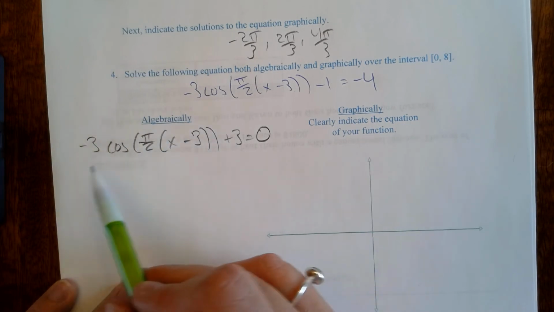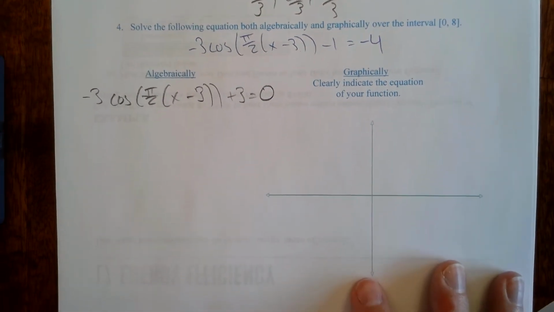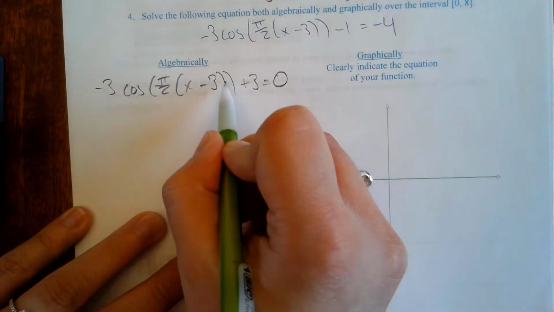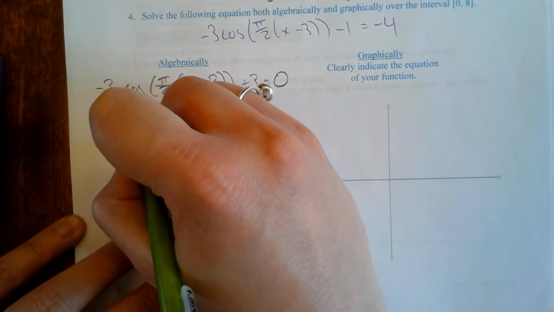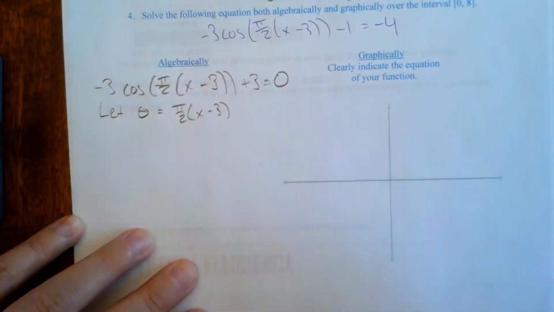So I'm going to simplify this question. I'm going to make the question actually easier for myself, because I like easy questions. I'm going to simplify it for myself, and then eventually I'll have to make it a little bit harder again. So what I'm going to do is simplify this business by saying let theta equals pi by 2 times x minus 3.